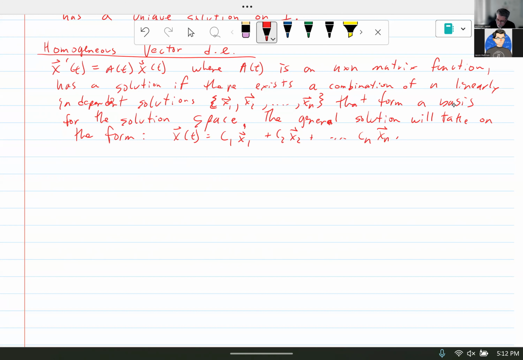Notice there's no b of t in this because it's homogeneous. b of t would be zero, the zero vector.